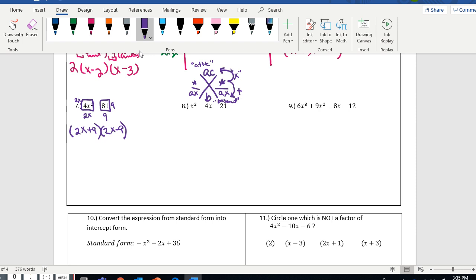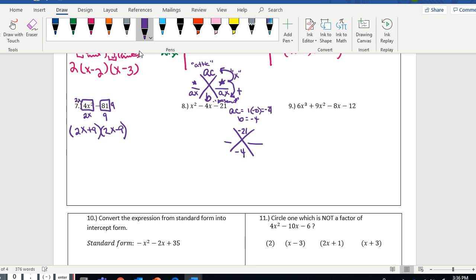Getting to the attic, you have to multiply. All right, so I'm going to set this up. AC is 1 times negative 21, which is negative 21. B is negative 4. So I'm going to set up my diamond. AC, negative 21 over negative 4.